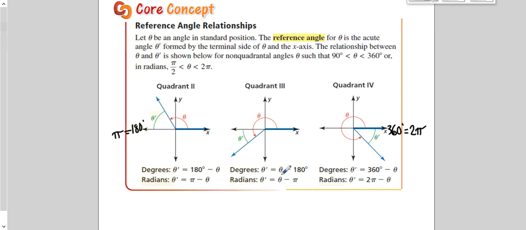So here's the mathematical way to find your reference angles for any of the quadrants. If it's in quadrant 1, we don't need to find a reference angle because it's already less than 90. Remember, reference angles are always less than 90 degrees or less than pi over 2. They're always acute angles for the theta prime, the reference angle.